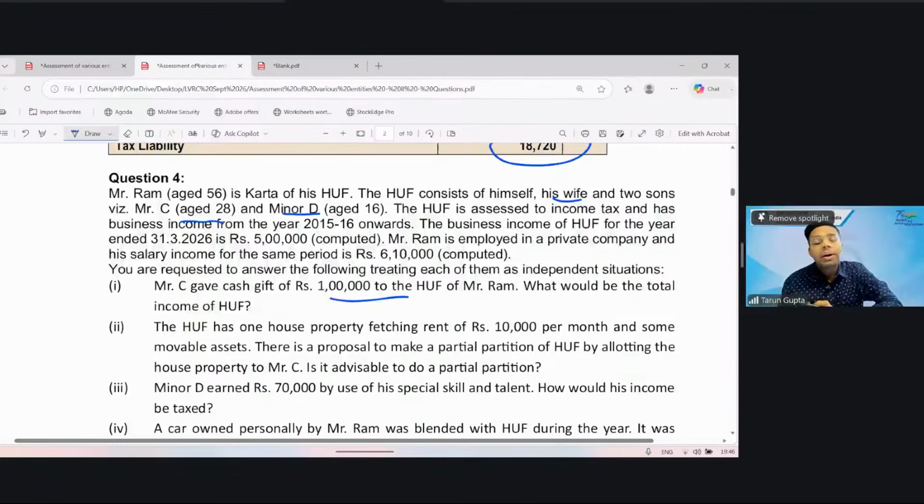Gifts are taxable under other sources under section 56(2)(x), but gifts from a relative are not taxable. And for the HUF, members are treated as relatives of the HUF. Since C is a member of the HUF, any gift received by the HUF from its member is not taxable under the head other sources. So this 1 lakh received by the HUF is not taxable in the hands of the HUF.